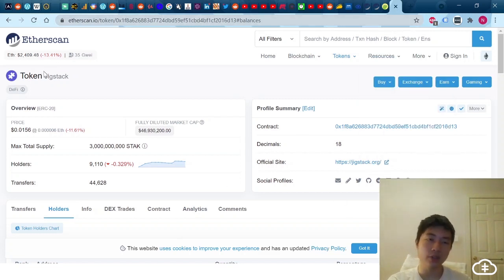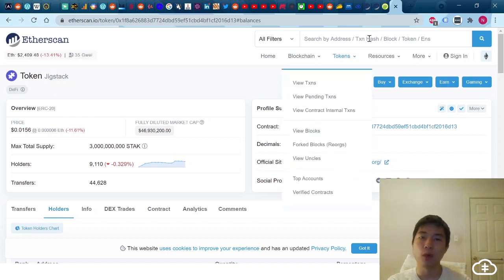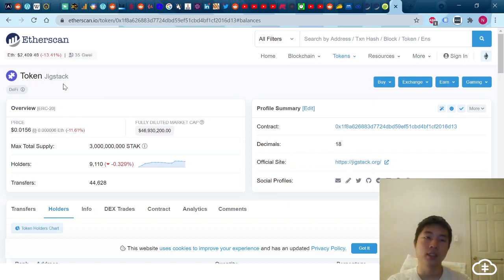Because someone else can make a token just like Jigstack. They can copy the website, they can change the name by 1 letter, and they can copy the logo, and they can copy everything, okay?